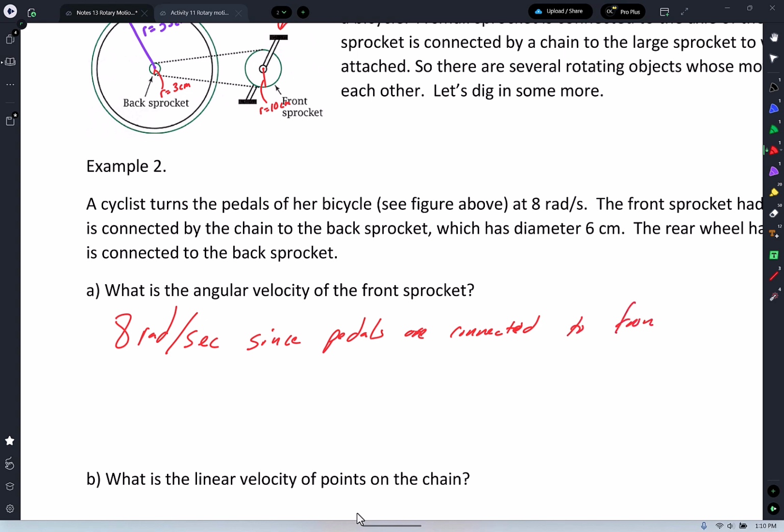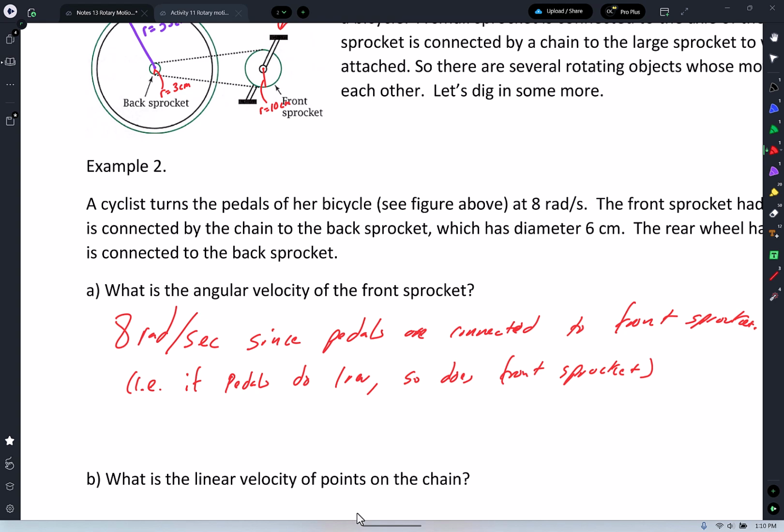to front sprocket. Chav, what does that mean? That means if pedals do 1 revolution, so does front sprocket. Yep, it works. Makes sense. Does it make sense to you guys?